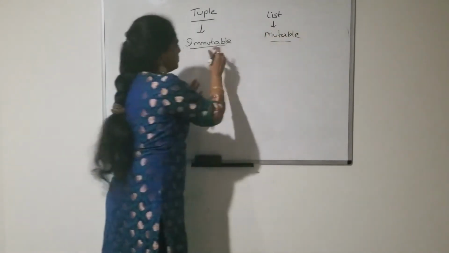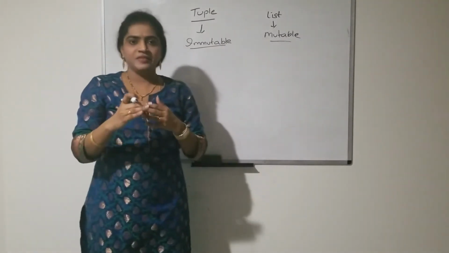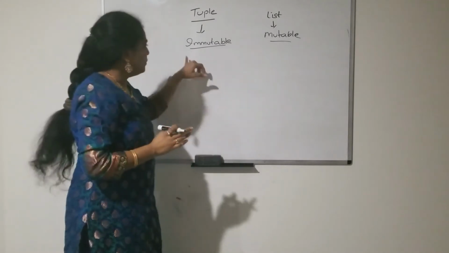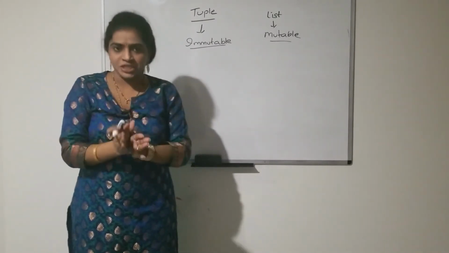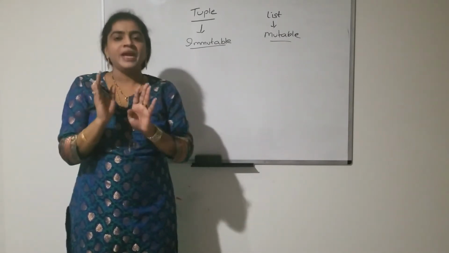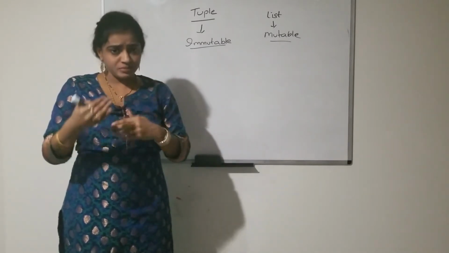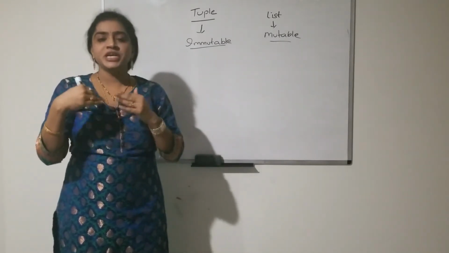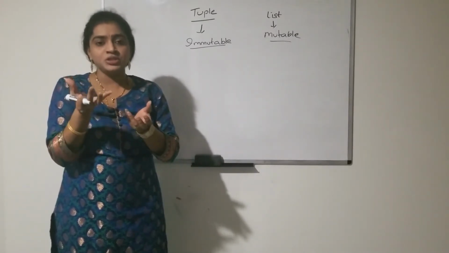So, what is the difference between immutable and mutable? Mutable means changeable, we can change. Immutable means non-changeable, we cannot perform any changes. Once an object is created, we cannot perform any changes on that object. Suppose if you are trying to perform any changes on the object, then a new object will be created with those changes.